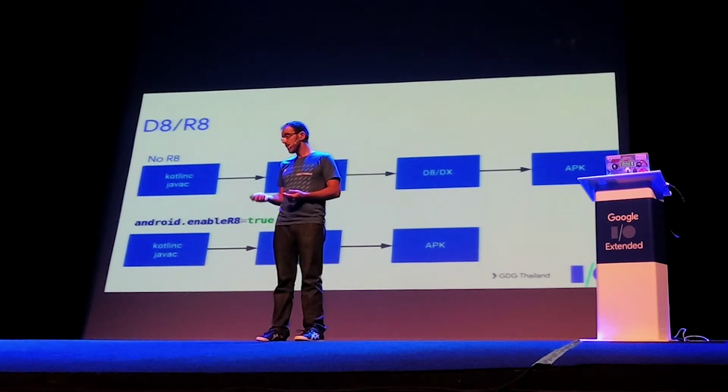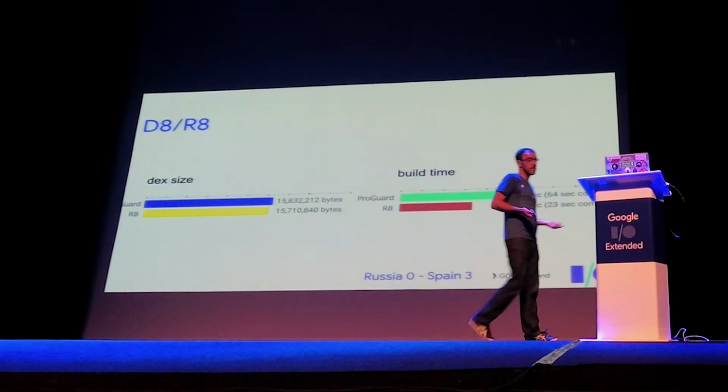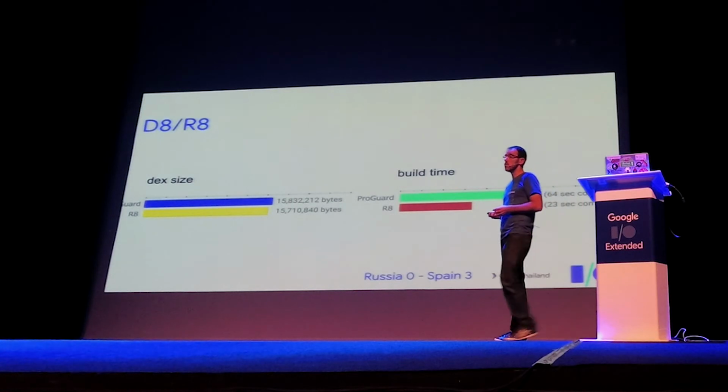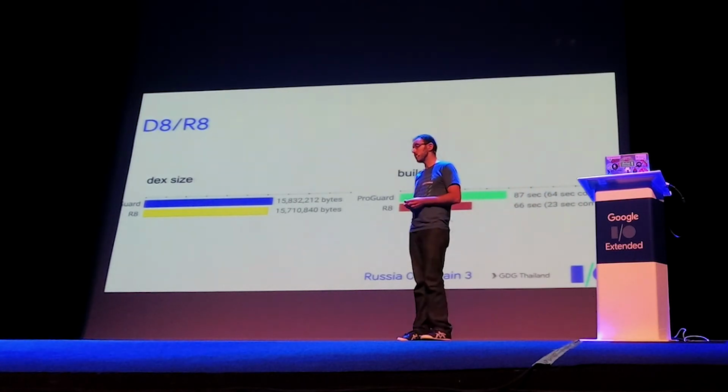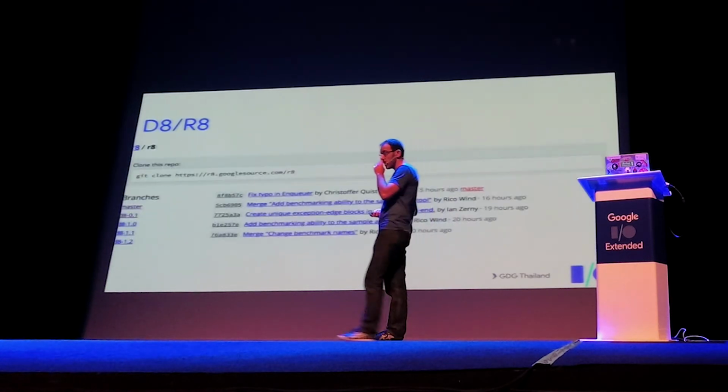So what are the benefits? The benefits in size are more or less small, but the building time is quite spectacular. So take a look. At the moment we are not testing R8 in production files, but we're trying.